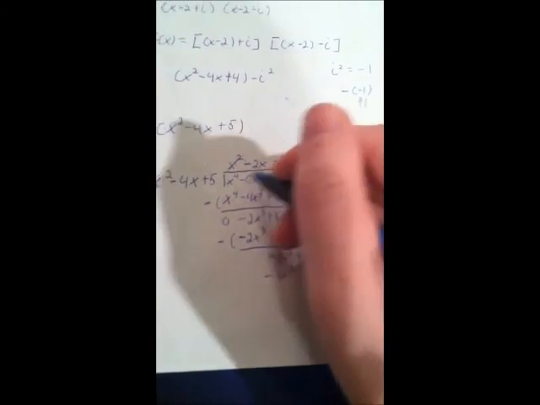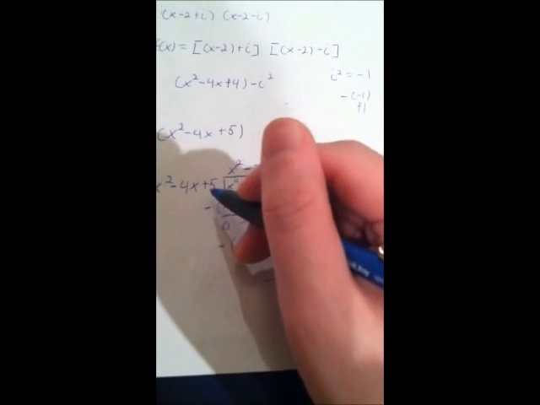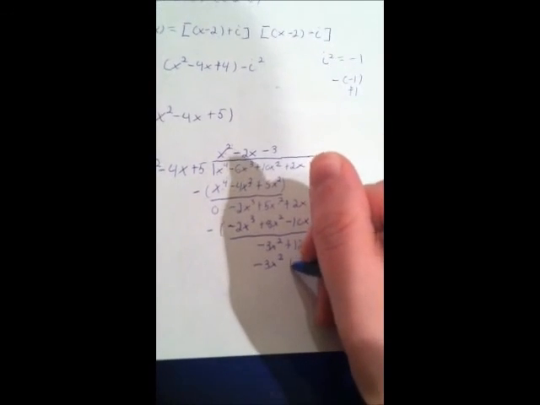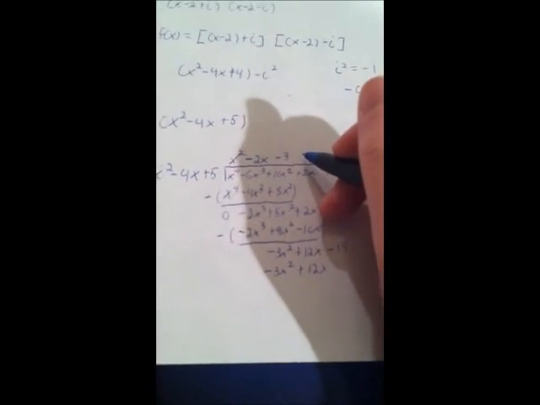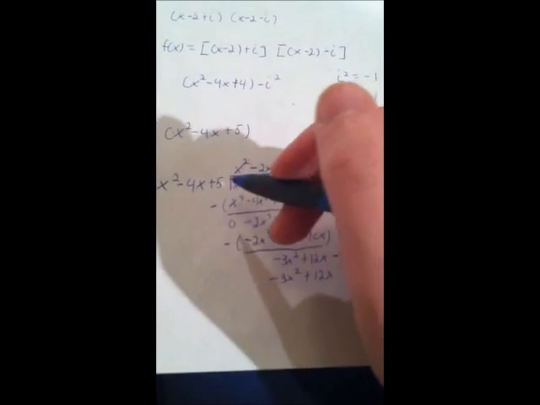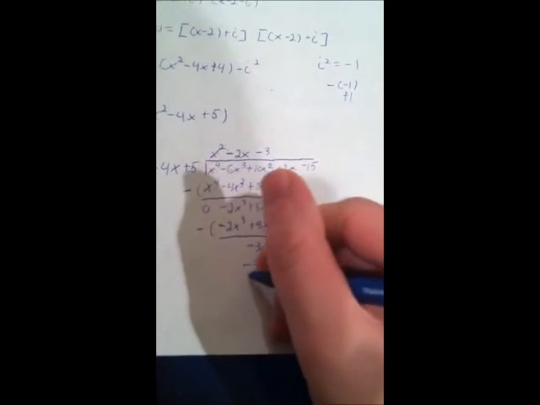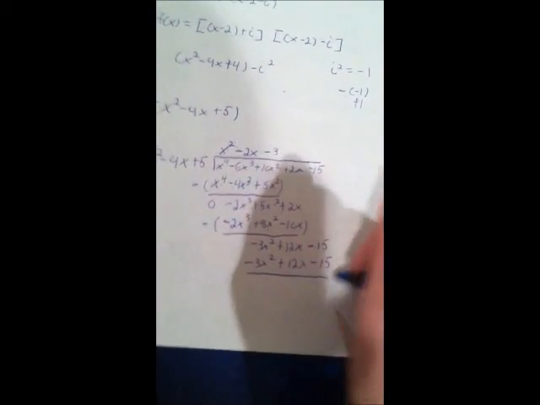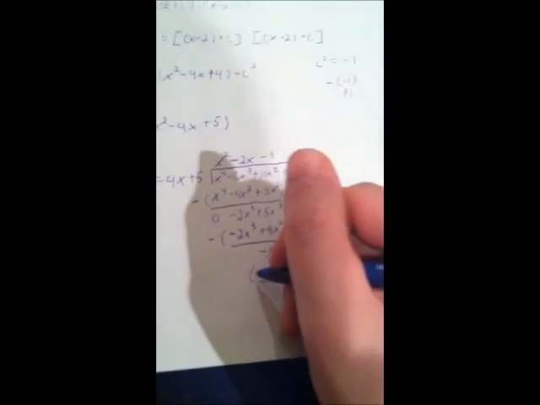Negative 3 times a negative 4x is a positive 12x. And a negative 3 times a positive 5 is just a negative 15. Close that out. Make sure you put parentheses and also subtract.